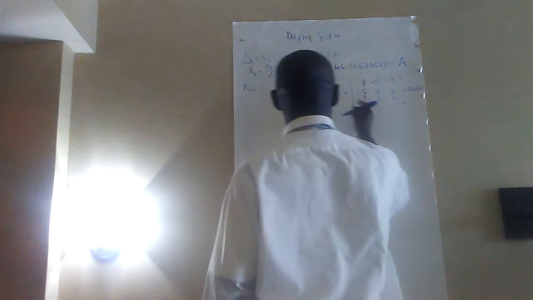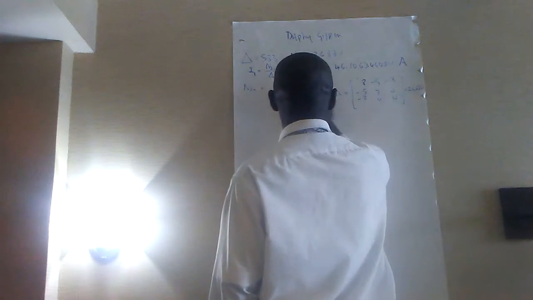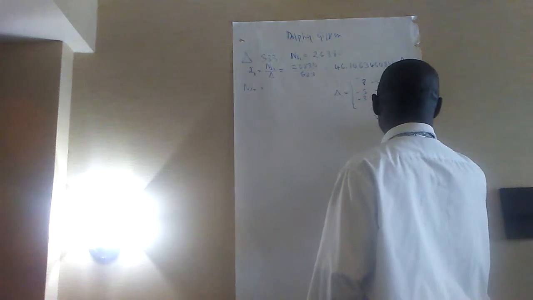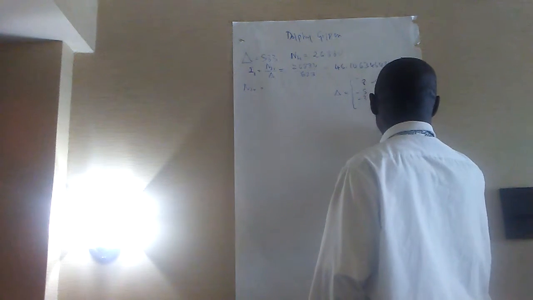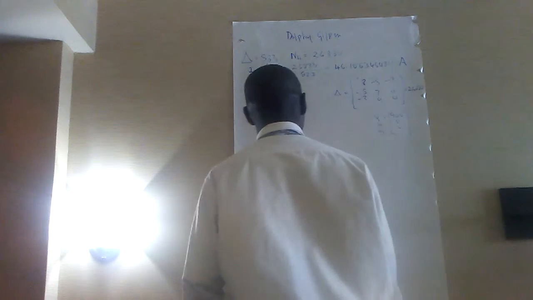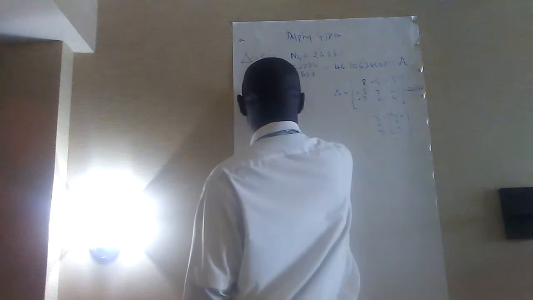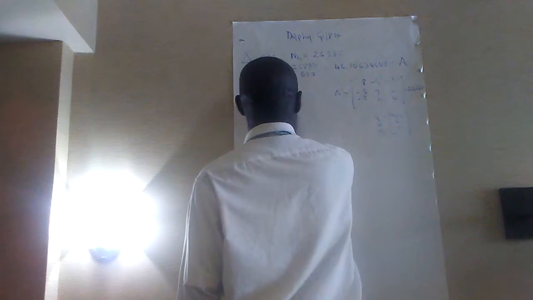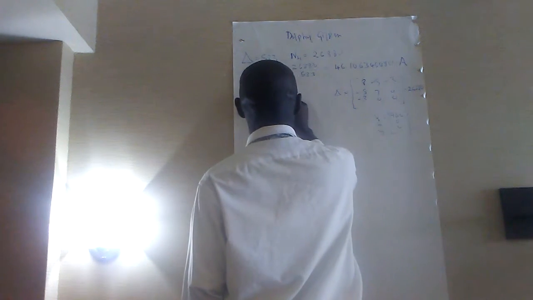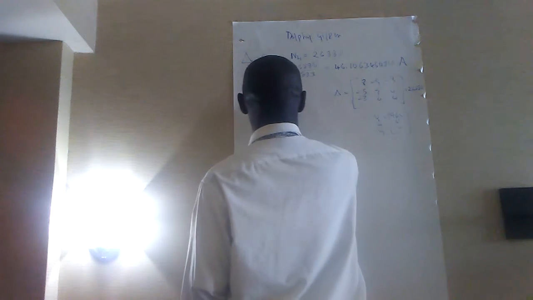So now for NI2, we replace this by the voltage. We know that V1 was equal to 960, 0, 0, then V2 and V3. So we're going to replace this voltage in the second column to find I2. So NI2 would be equal to the determinant of 8, minus 5, minus 3, 960, 0, 0, minus 3, 0, and 4.